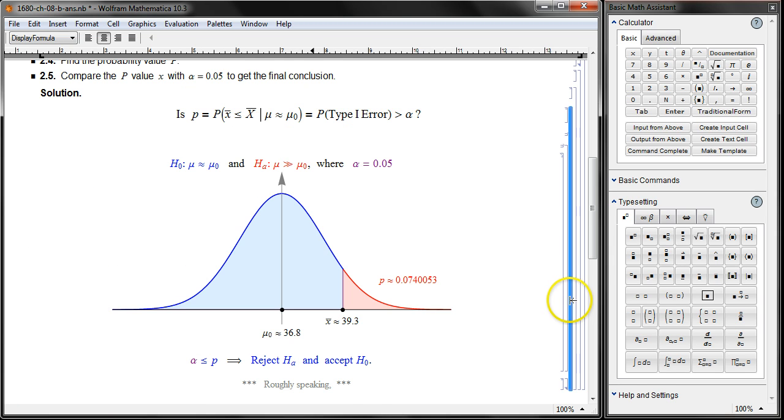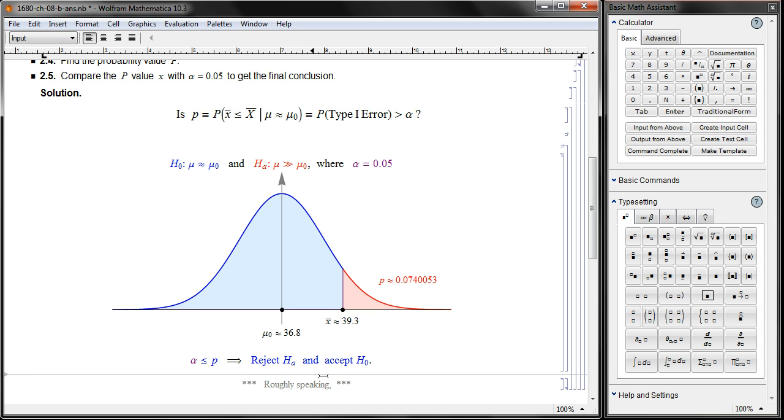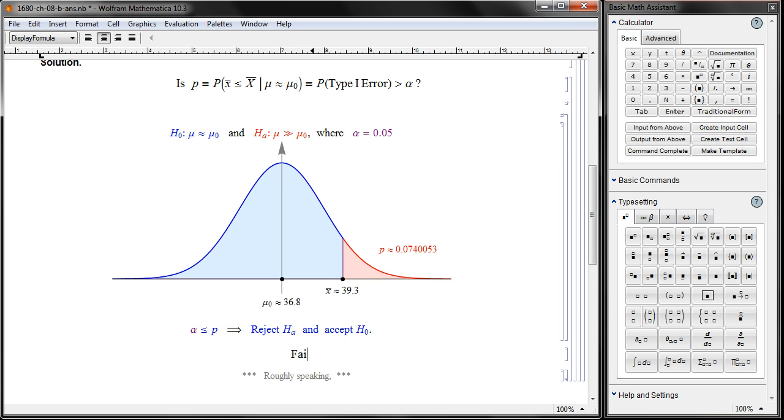And you calculate like that. P is too big, so reject HA and accept H0. Or another way of saying it is we fail to reject H0. So we fail to reject the null hypothesis.